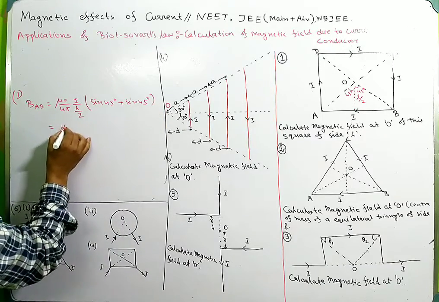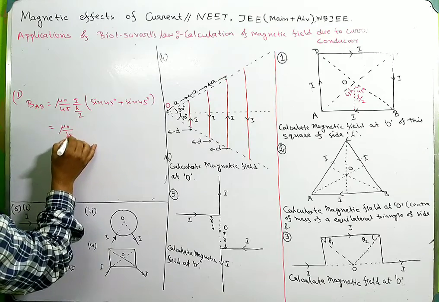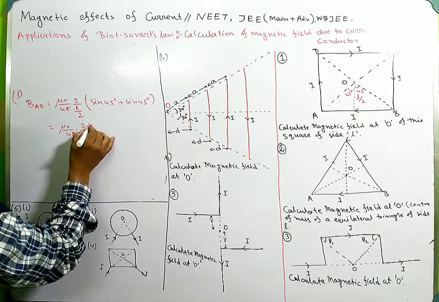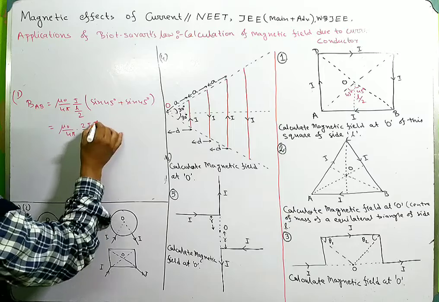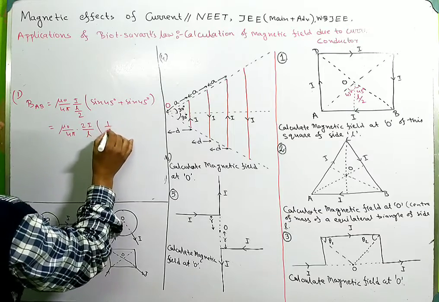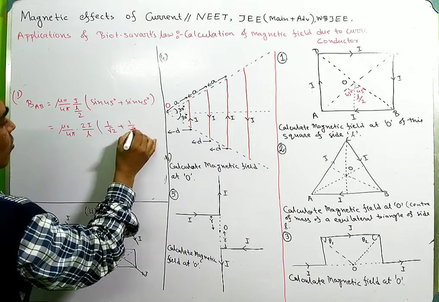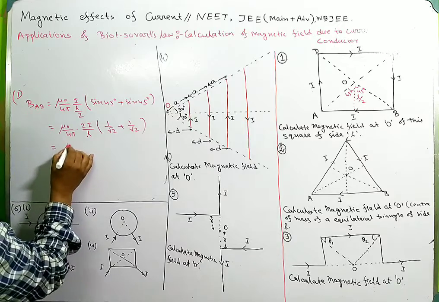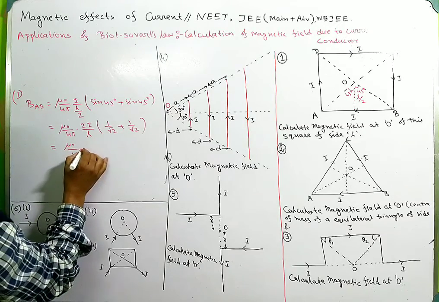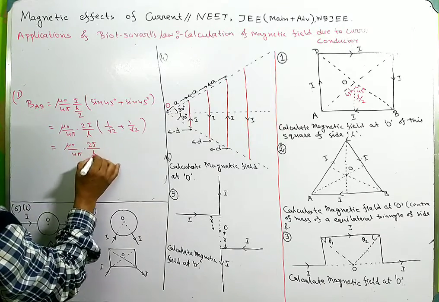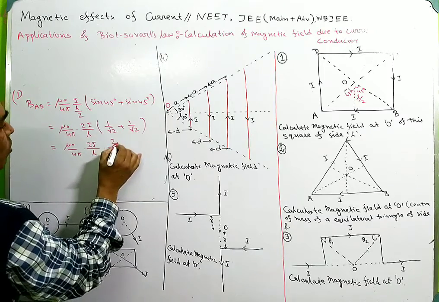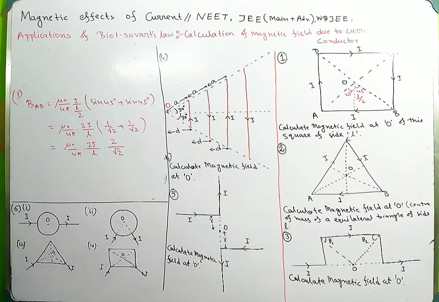So it will be mu 0 by 4 pi into 2I divided by L into sine 45, which means 1 by root 2 plus 1 by root 2. So it will be mu 0 by 4 pi into 2I divided by L into 2 divided by root 2.